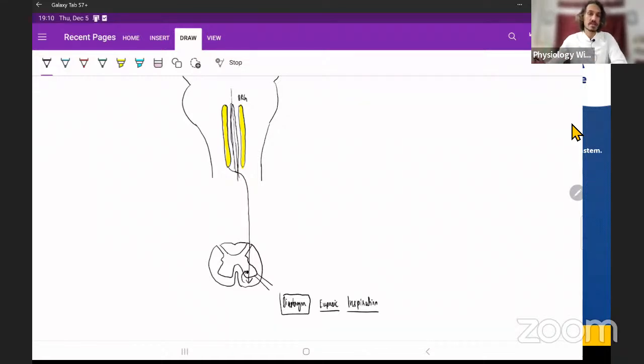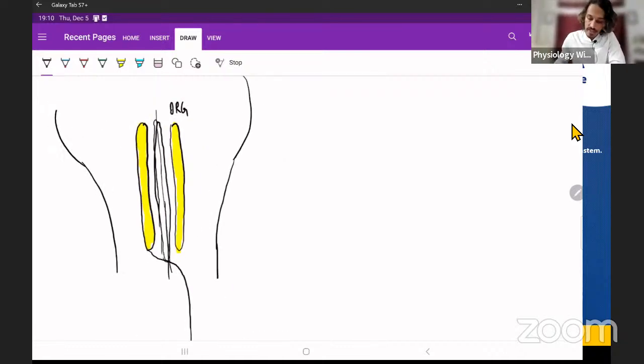Now, apart from the dorsal respiratory group, even more laterally we have a ventral respiratory group. This ventral respiratory group has first a complex which has two parts.